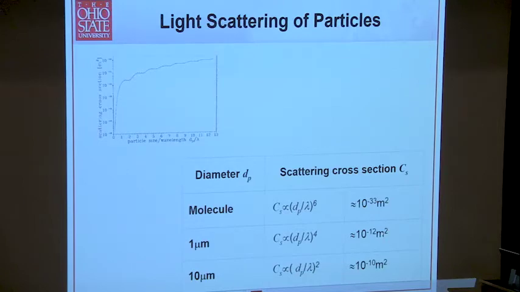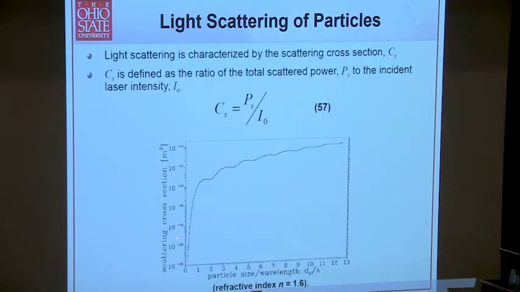We may have something that's around 10 to the minus 12. And then if we go up 1 order of magnitude, to 10 microns, we may scale as d squared. But as you can see, this is incredible sensitivity if we go back to very small particles. This is the Rayleigh regime. There's a significant difference in signal by just changing the particle size by a factor of 2 or 3. Once you get out into this region, there's much less sensitivity.